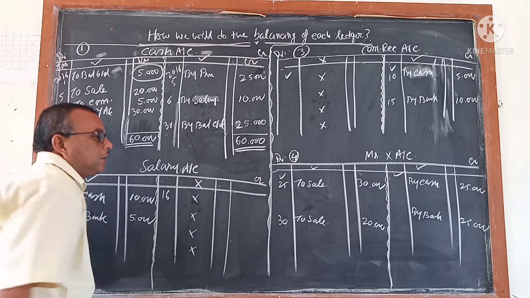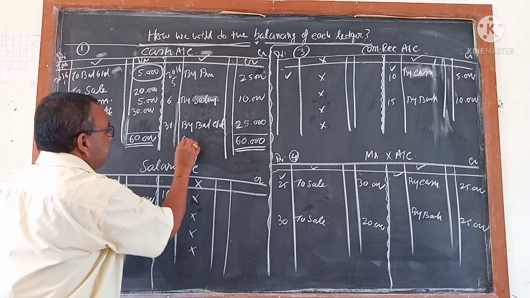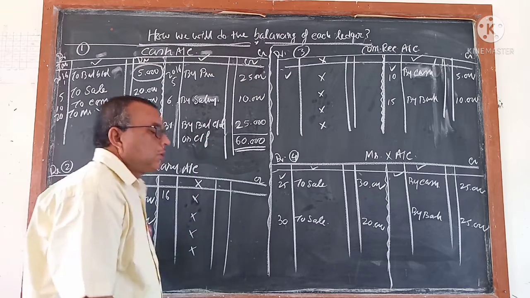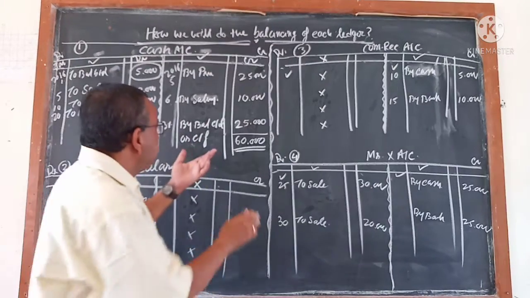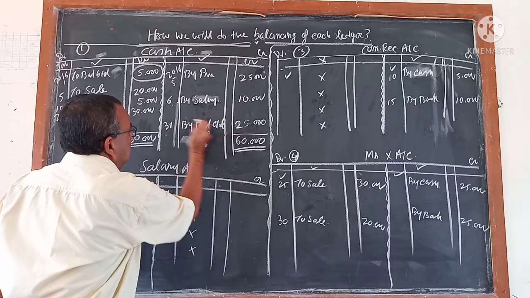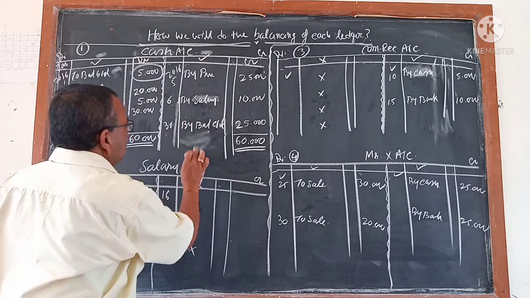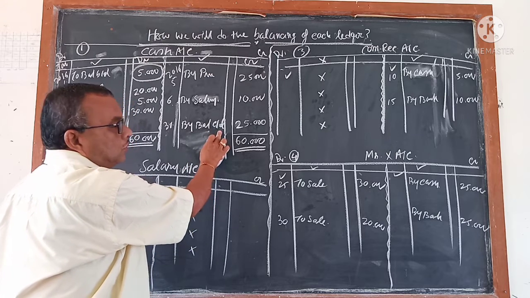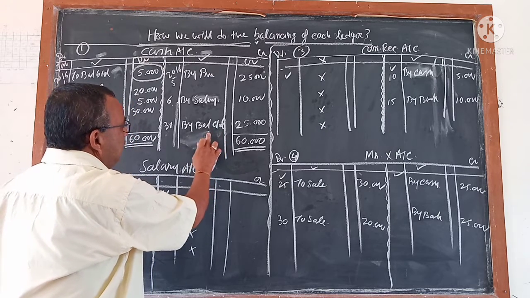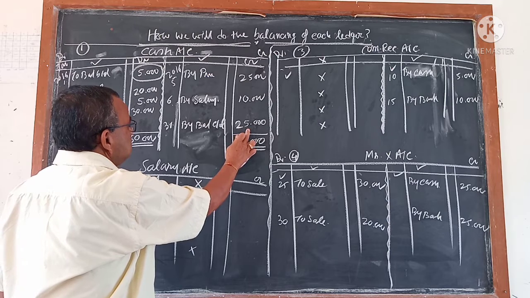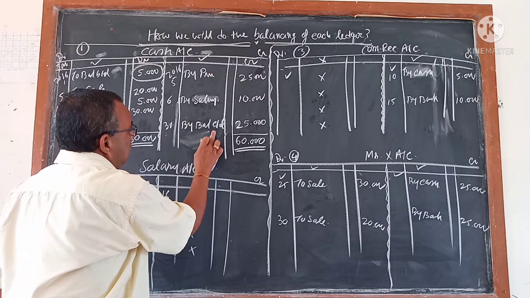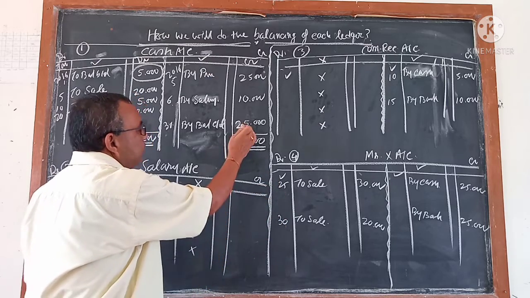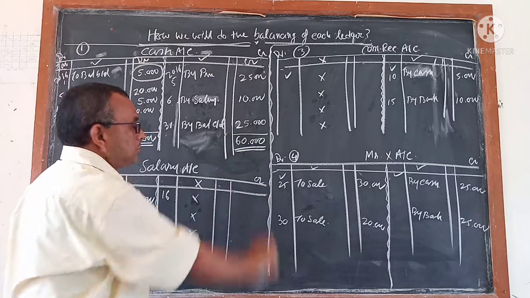CD means carried down, or carry forward. So we write 25,000 first, then the last date, and then CD. Keep in mind that CD will come on the side which is less.